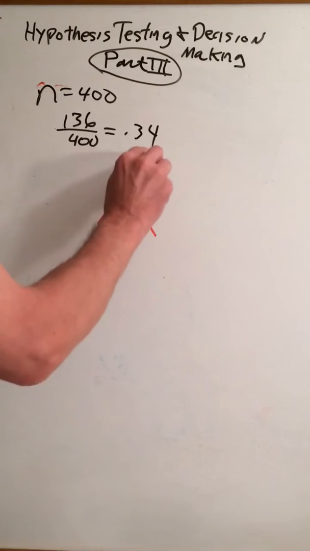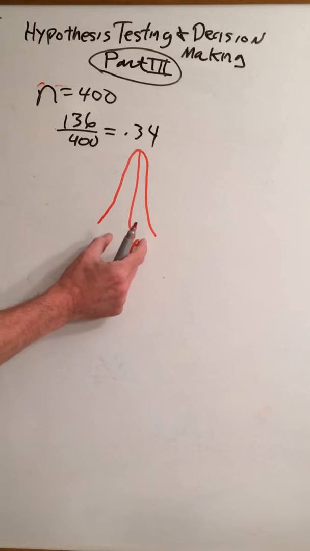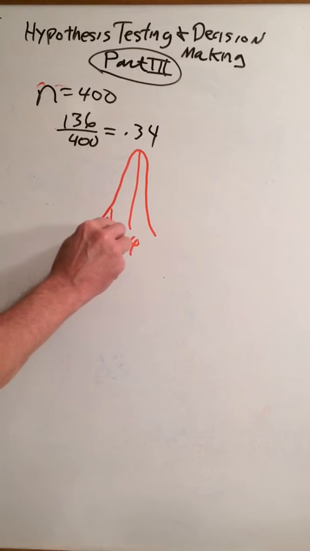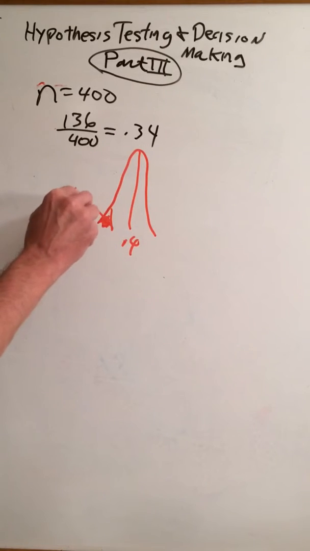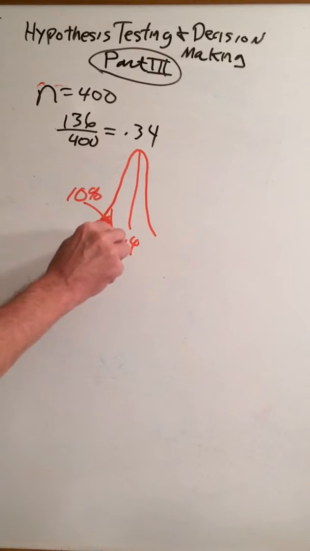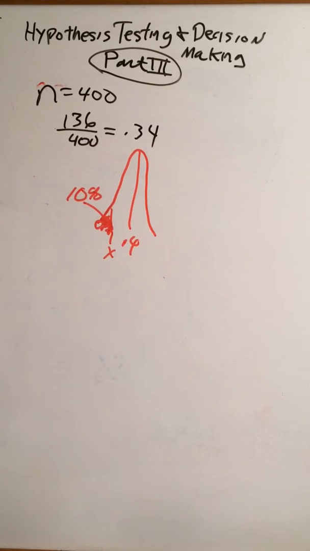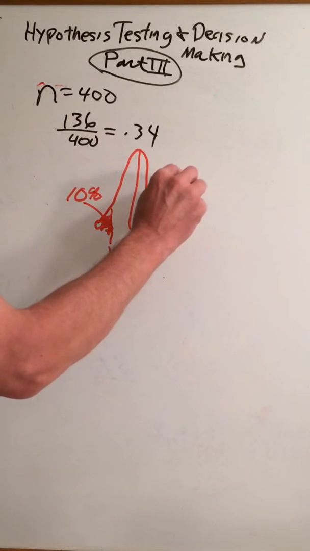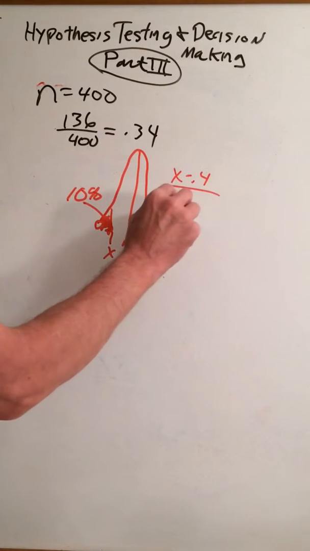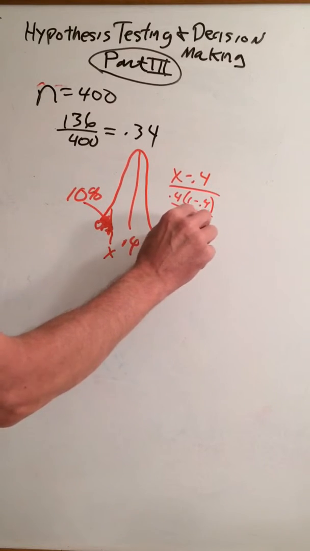It's still going to be 0.4, but now we got 400, so we know that's going to be a lot tighter. When we look for our 10% rejection region now, well, we can do that, and we need that x. So we need to get (x minus 0.4) over the square root of 0.4 times (1 minus 0.4) over 400.